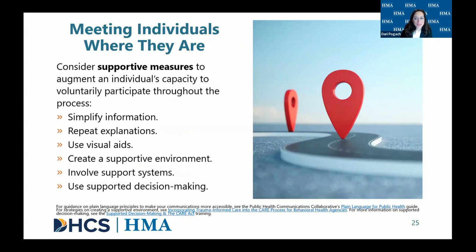And these tools, they seem simple, but I think for all of us who've either participated in mental health court proceedings or provided mental health services, sometimes during a crisis, working with someone whose psychiatric disabilities are impeding their capacity to give informed consent, sometimes it can be hard to remember some of these seemingly simple strategies. So we're just going to go over them here.